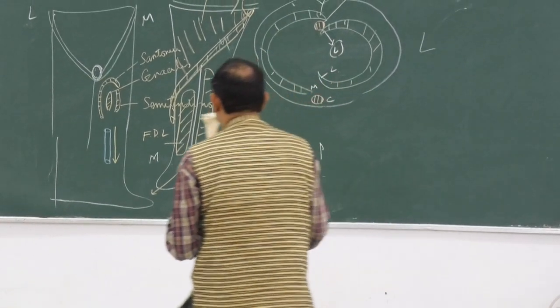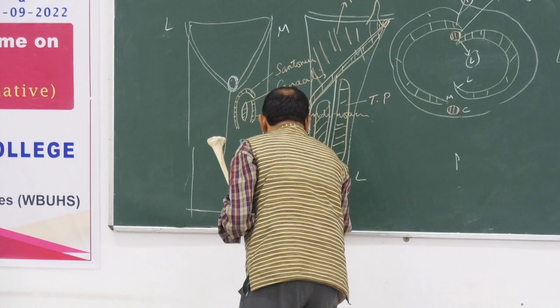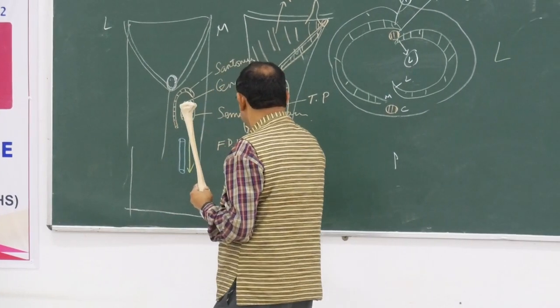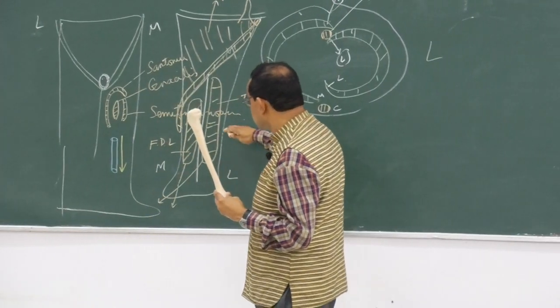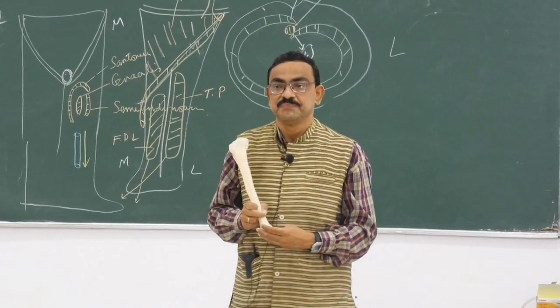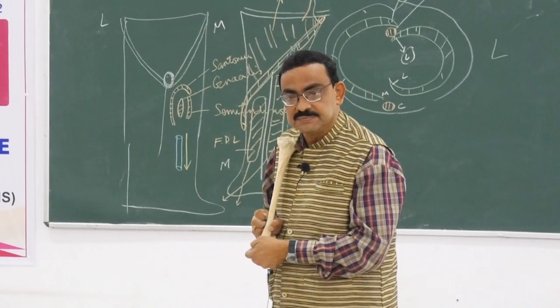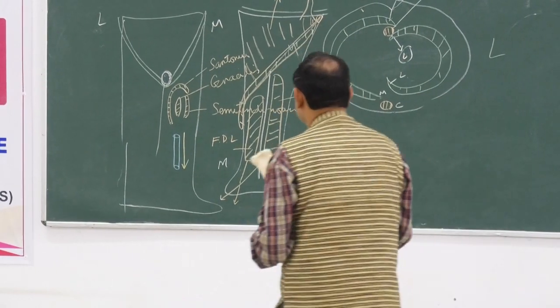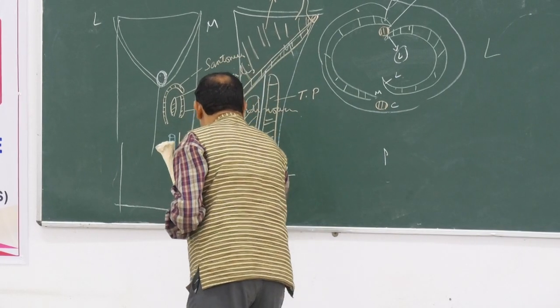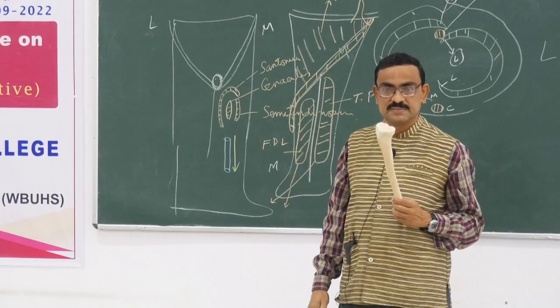Actually, this tibialis posterior crosses the tendon of the flexor digitorum longus. So this is the tibialis posterior. Then we will get the tendon of the flexor digitorum longus.